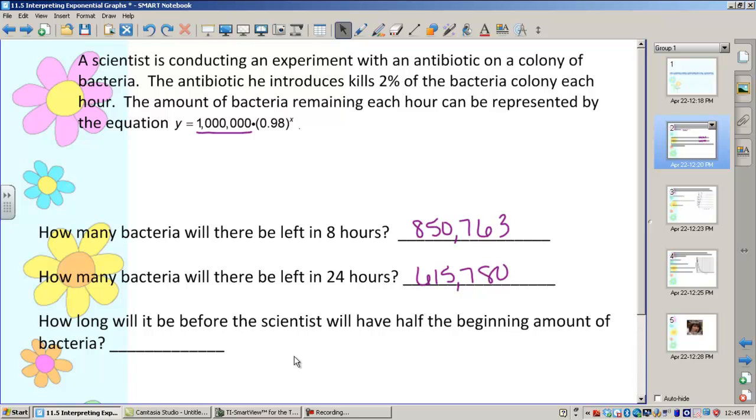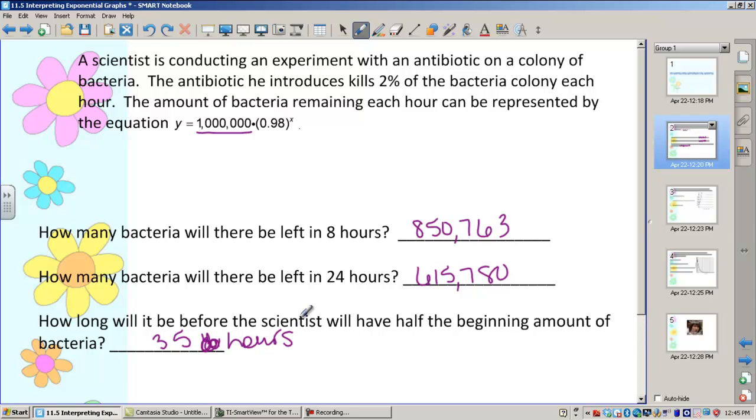At 35, it's a little less than half, but we're going to go with 35 because the other one doesn't make sense. It didn't say more than half. He wants it to be exactly half, but we'll go ahead and go with 35, rounding so that we can be the closest we can possibly get. So it takes 35 hours, I'm sorry, it's not days, it's hours, before half of the bacteria is left.